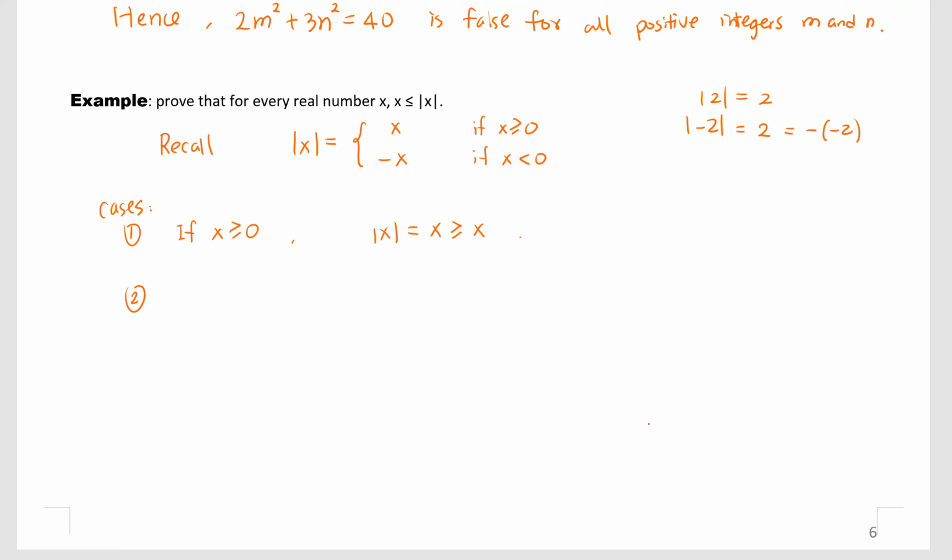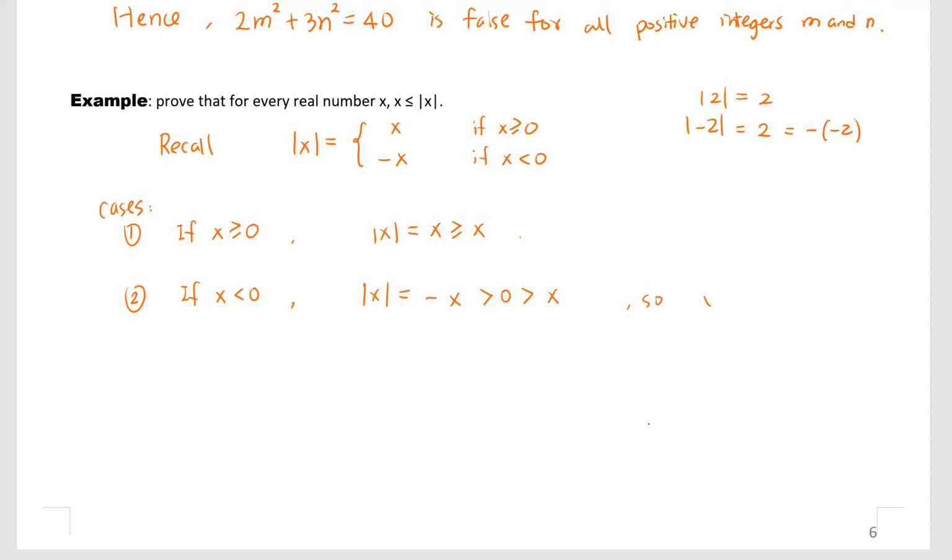Okay, second, if x is negative, then absolute value of x is just negative x. But negative x is actually positive, right? And x is actually negative. So we have absolute value of x is greater than x.